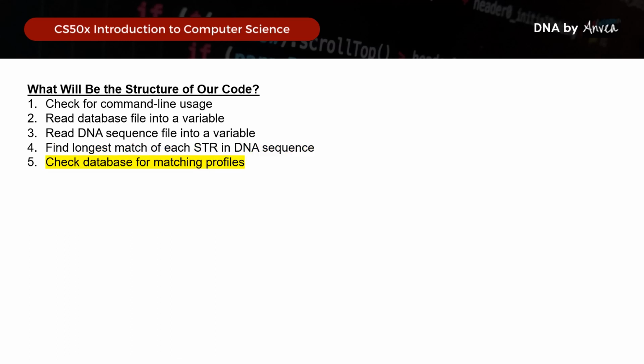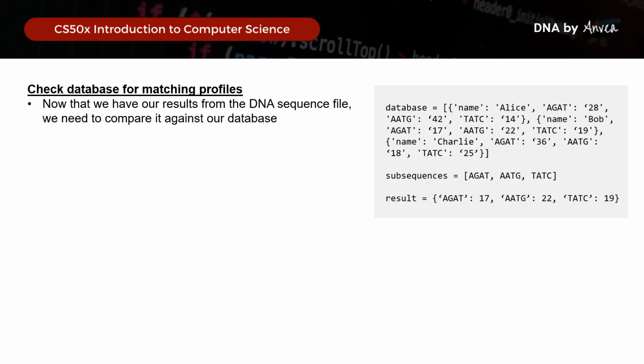Moving on, what we need to do is check the database for matching profiles. For our last step, we want to check the database for matching profiles. What we've gathered so far is the database of people and their respective STR counts. We also have the list of subsequences that we're looking for, and we have result, which is the dictionary that contains the STR count from the DNA sample that we have.